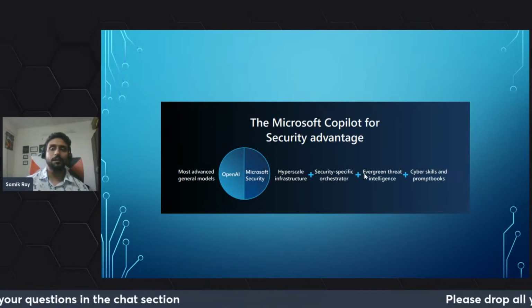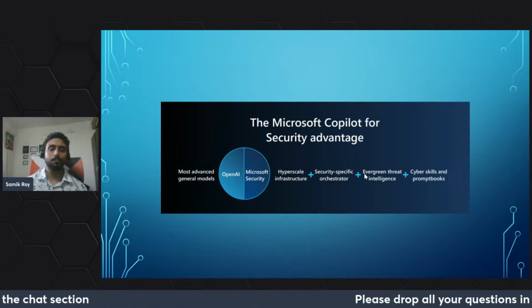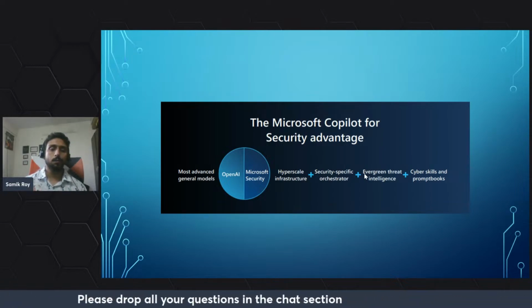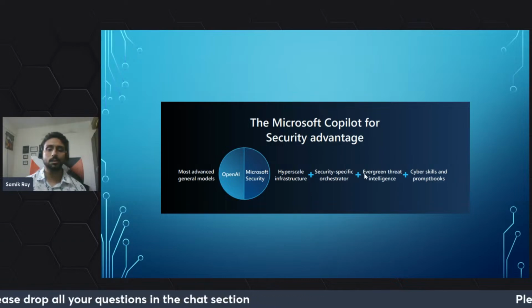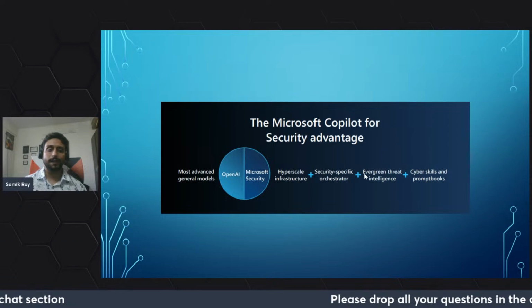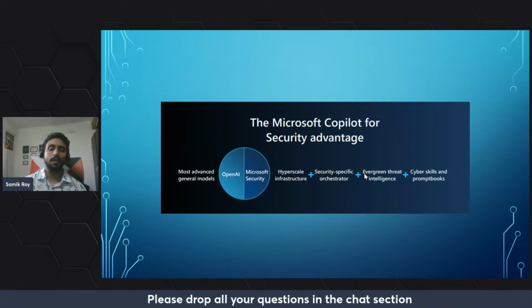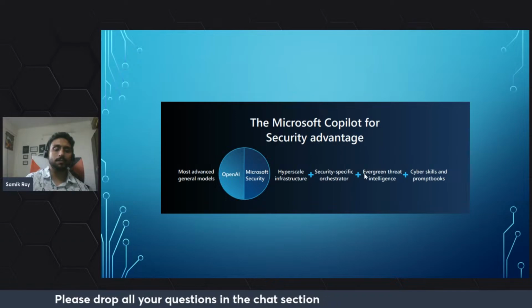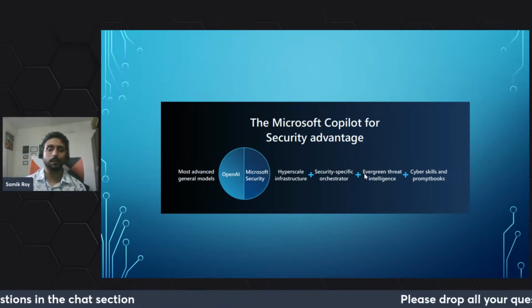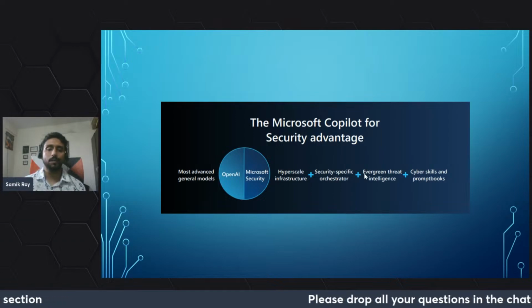So having everything in one place, putting it through the lens of OpenAI with a hyperscale architecture, and the model behind the scenes being trained for security, that's where you get the advantage. The idea is to reduce the entire turnaround time, from an incident being raised to responding and closing it or taking preventive action.